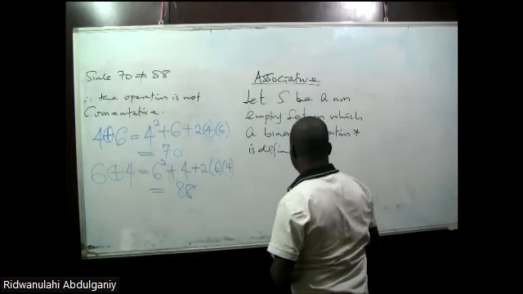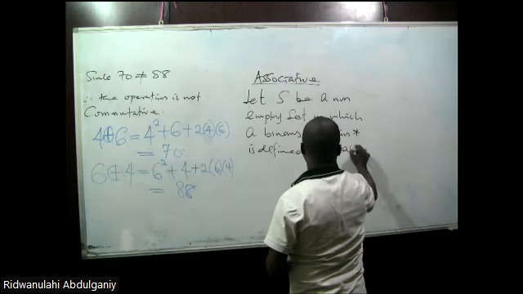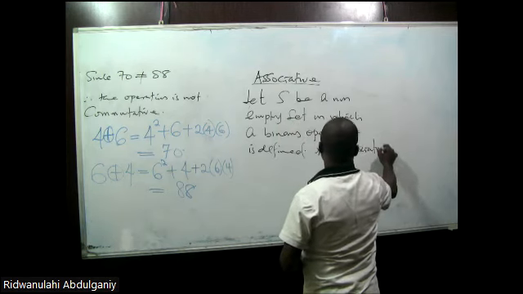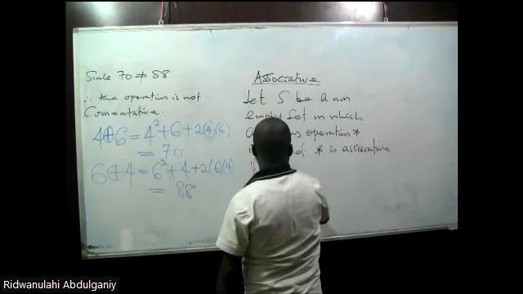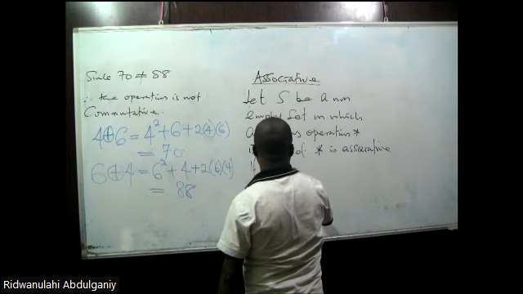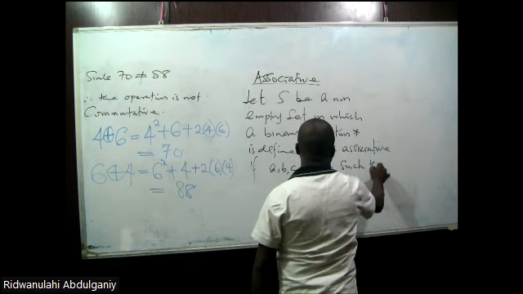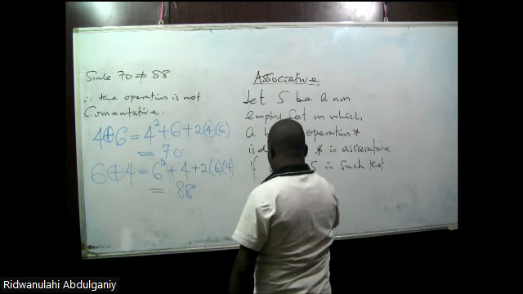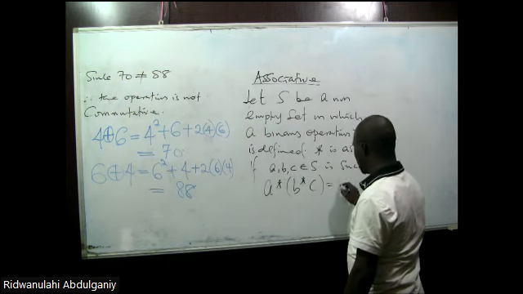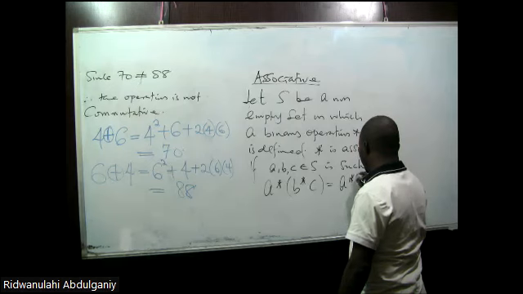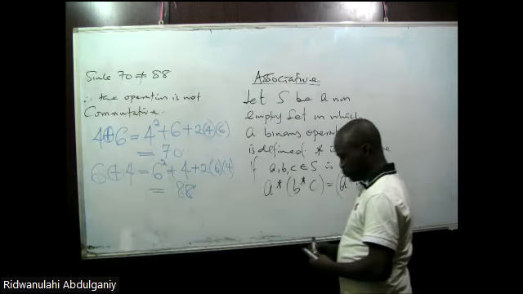Operation star is associative if for A, B, C members of S, (A operation B) operation C equals A operation (B operation C).